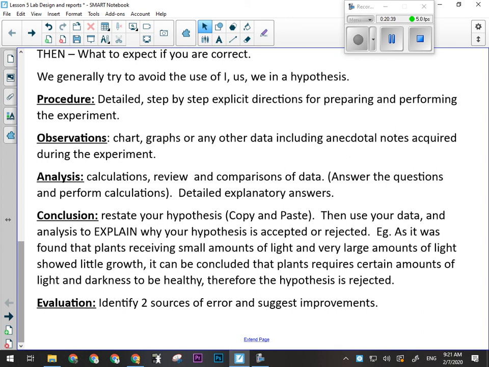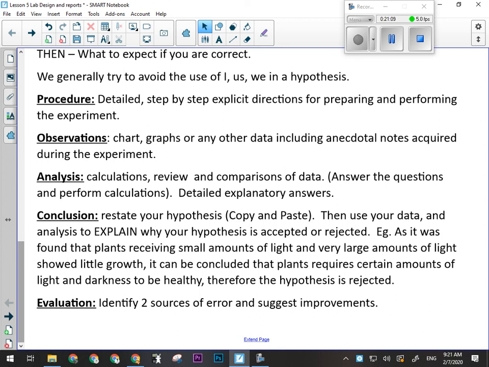Use a light source that doesn't emit as much heat, maybe like an LED bulb instead. Another source of error could be that maybe there were some seeds that didn't germinate that were planted. That could certainly be a source of error. So maybe the source of the seeds was not very good. Try this experiment again with a different seed supplier or different type of plant altogether, or something like that.